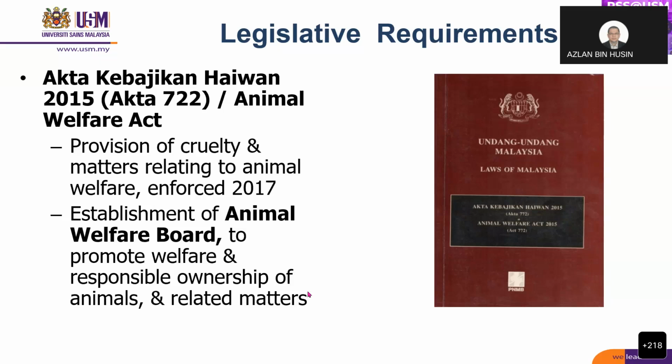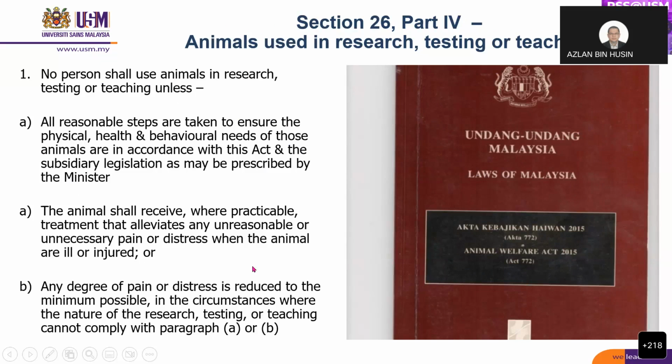So hence this act has come into place. It says that no person shall use animals in research unless reasonable steps are taken to ensure their condition and so on, and that they should receive reasonable treatment to alleviate unnecessary or unreasonable pain or distress.